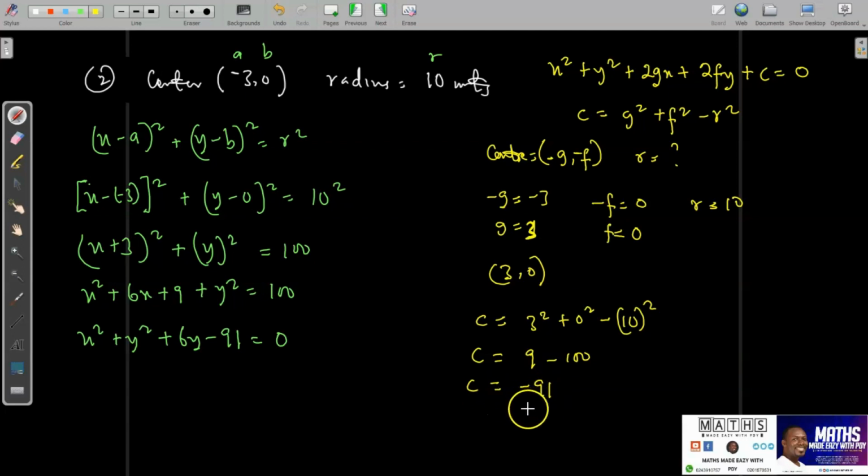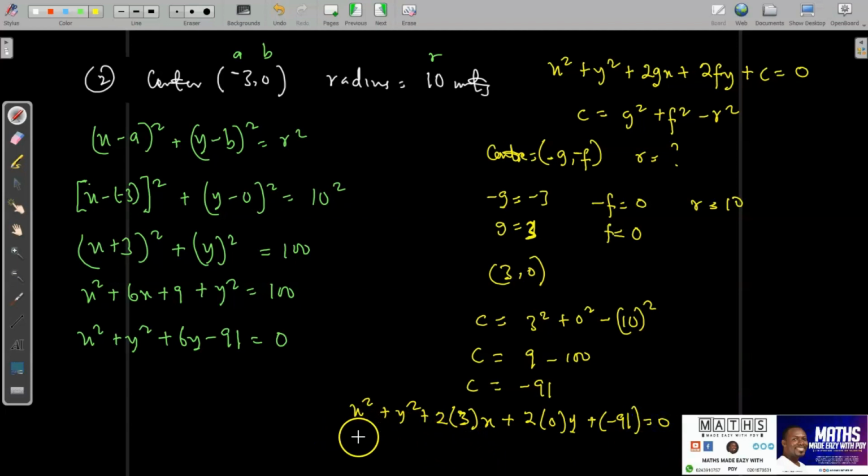Are you clear? Then you substitute the c as you've obtained and your center into the general formula, and that will give you x squared plus y squared plus 2 times our g value, positive 3, x plus 2 times the f value, 0, y, then plus the c value, negative 91, all equal to 0.